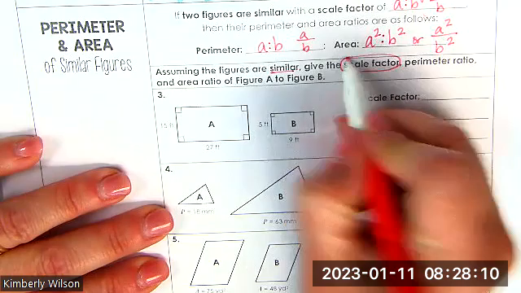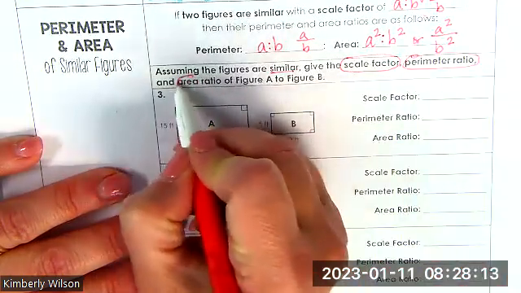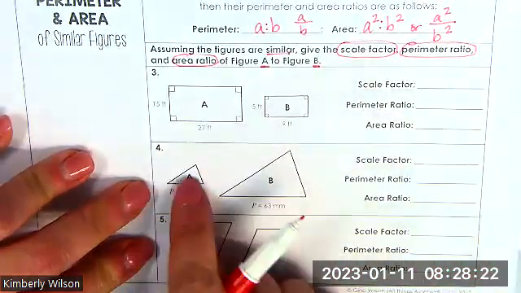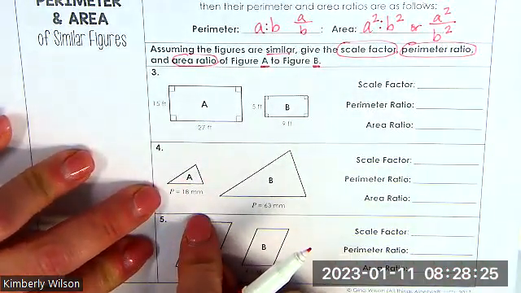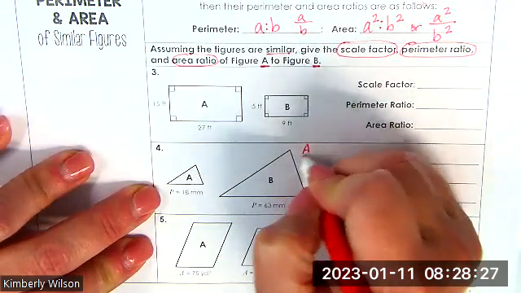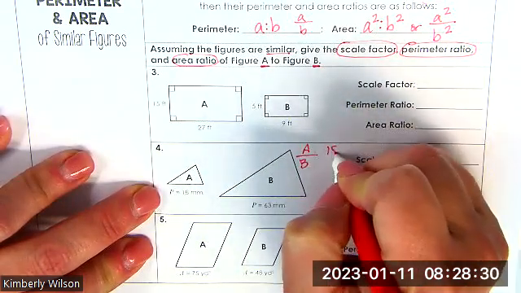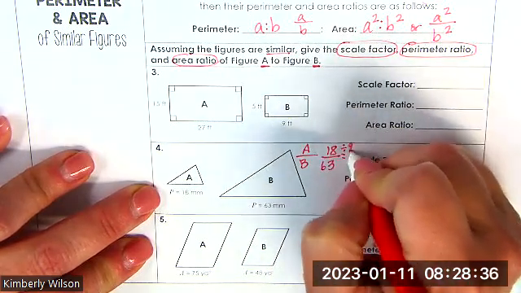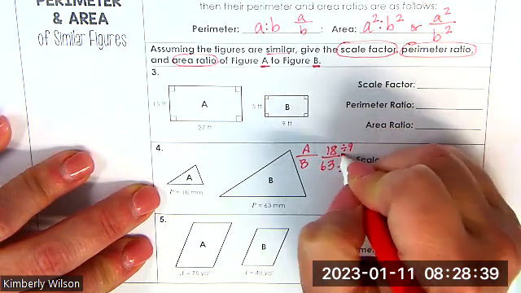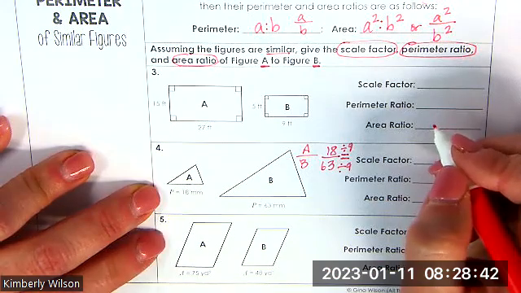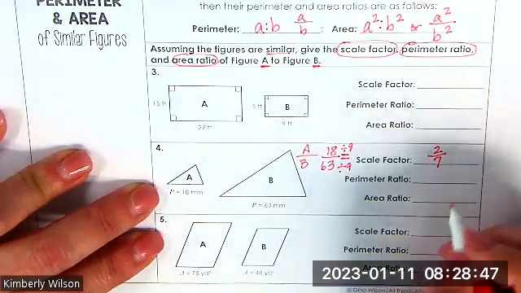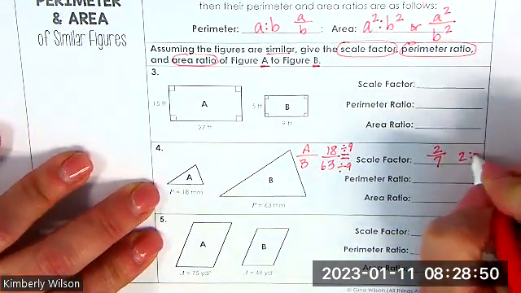All right, let's work an example where we are assuming the figures are similar. Give the scale factor, the perimeter ratio, and the area ratio of figure A to figure B. We're going to look at number 4. For the scale factor, I'm doing A over B, so 18 over 63. Both of these are divisible by 9, so my scale factor is 2 over 7, or 2 to 7.